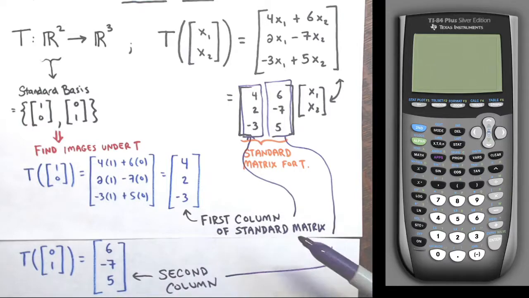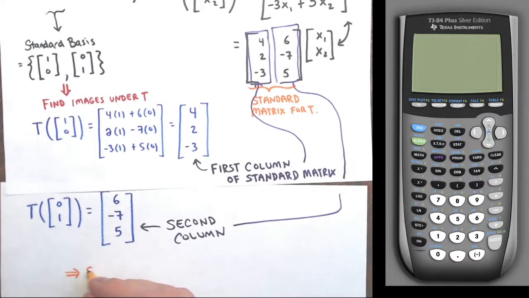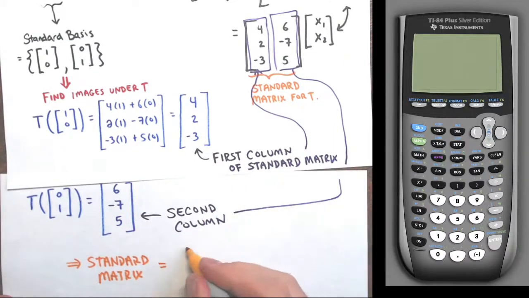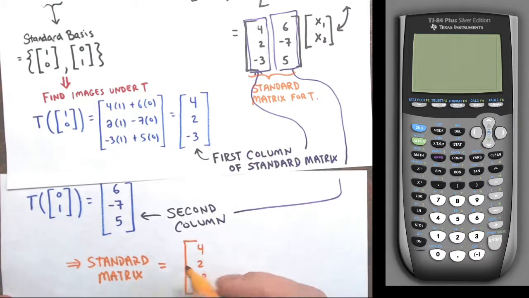So the standard matrix, and again I'm writing it again, I know, is equal to first column 4, 2, negative 3, second column 6, negative 7, 5, and there we go. Same thing I wrote earlier.